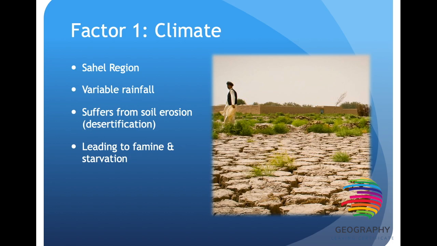This desertification means that farming is very insufficient. There's not enough land to carry out farming. So the farms tend to be small. If the farms are small, well then it cannot feed its population. So this leads to a thing called famine and starvation. Okay, so that's our first statement with our explanation and example.